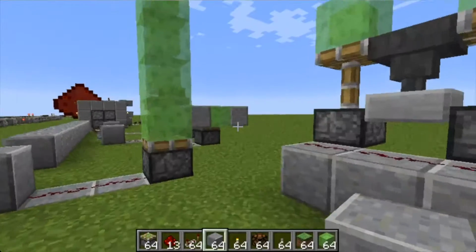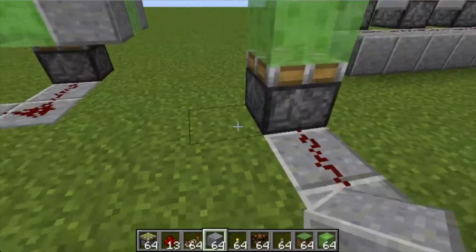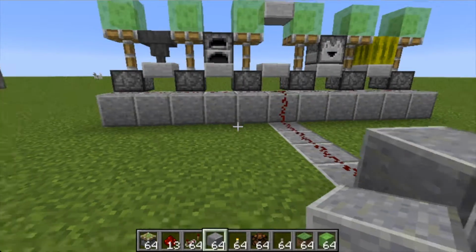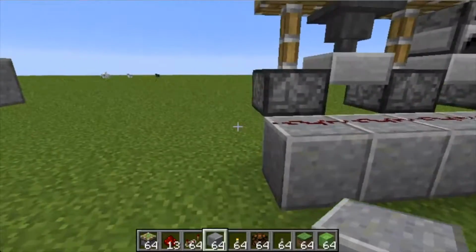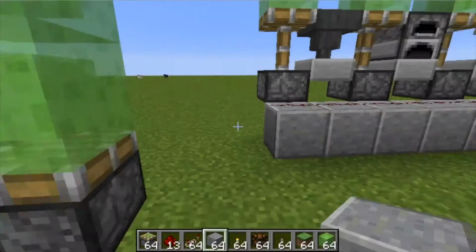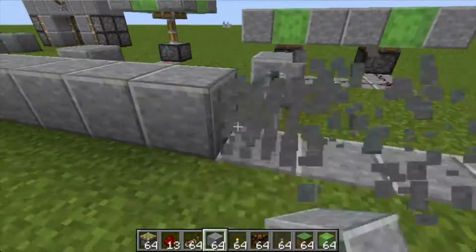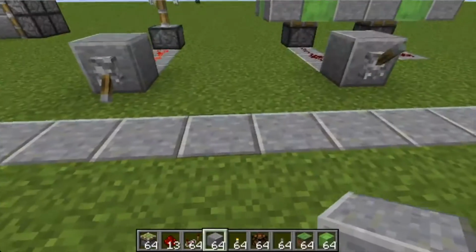Something else to note, several of those can't be pushed in general. So you can't even use a piston to push those items. You can't move obsidian, for example, which is actually kind of a useful thing because it allows you to push blocks up against obsidian. Say I wanted to do this system right here, but I didn't want it to ever be able to go past this point right here.